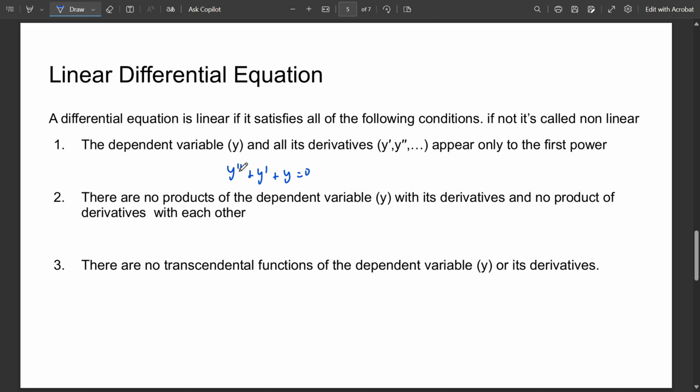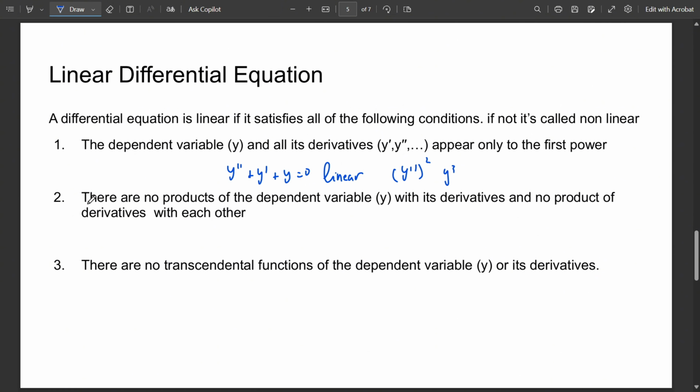The power of the derivatives and the dependent variable y is only 1, so it's linear. It's not linear when we have y double prime squared or y cubed, so larger than 1, or negative, or less than 1, or a fractional power.